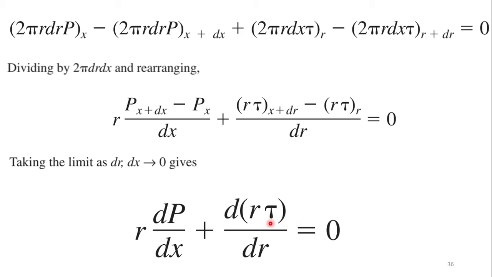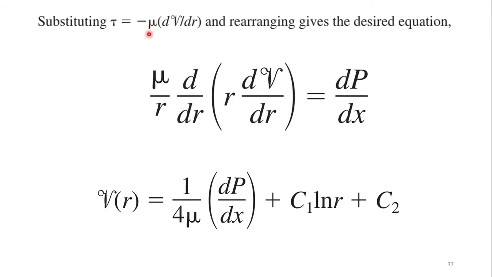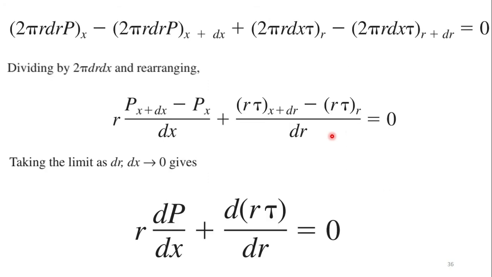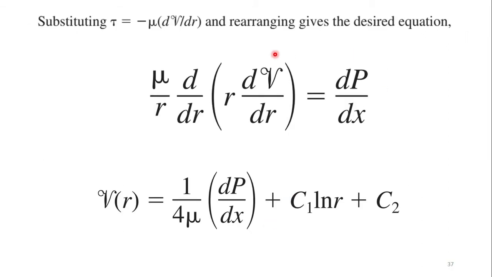Now if we substitute the value of tau, which is minus mu times the velocity gradient, we can rearrange the above equation in this way. So this is the rearranged equation. After substituting the value of the shear stress and simplifying, we will have this expression.